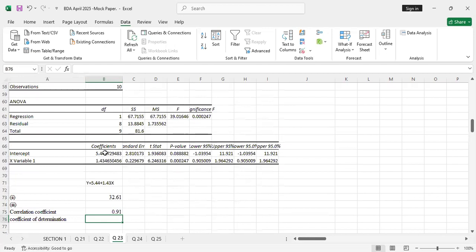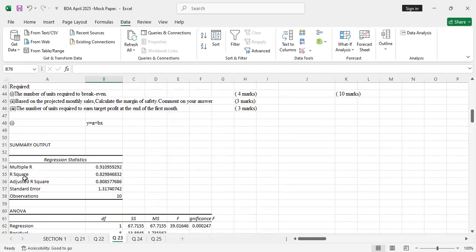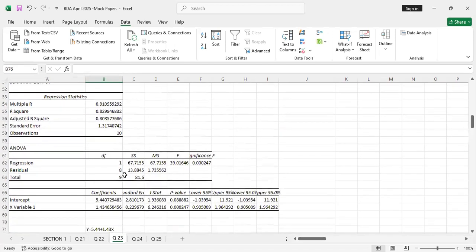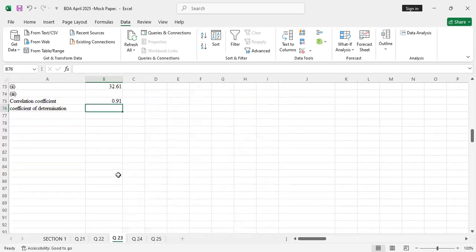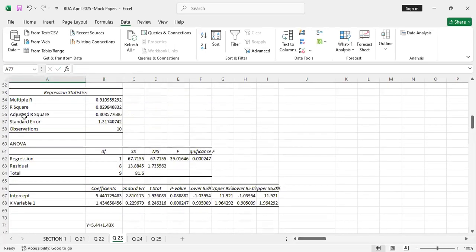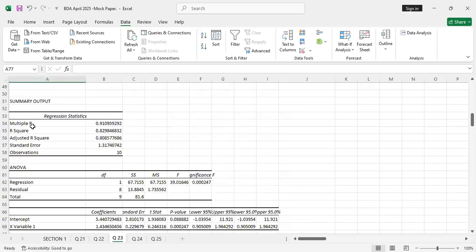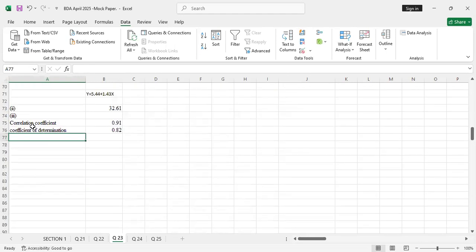And the coefficient of determination is the R square, so 0.82. The examiner said that you interpret the results. So what does 0.91, the correlation coefficient, represent? It's upon you now to analyze the correlation coefficient and the coefficient of determination.